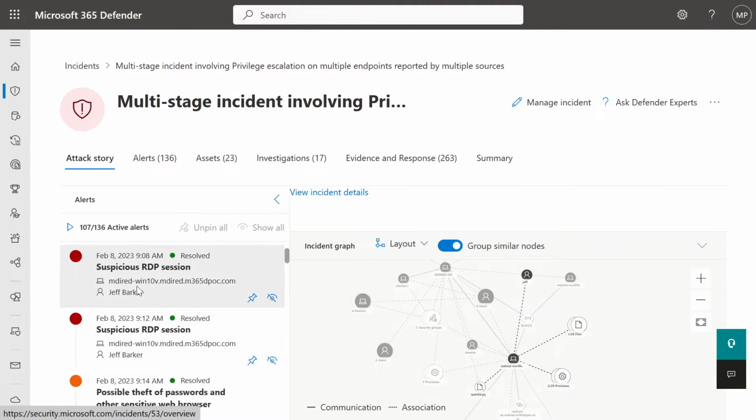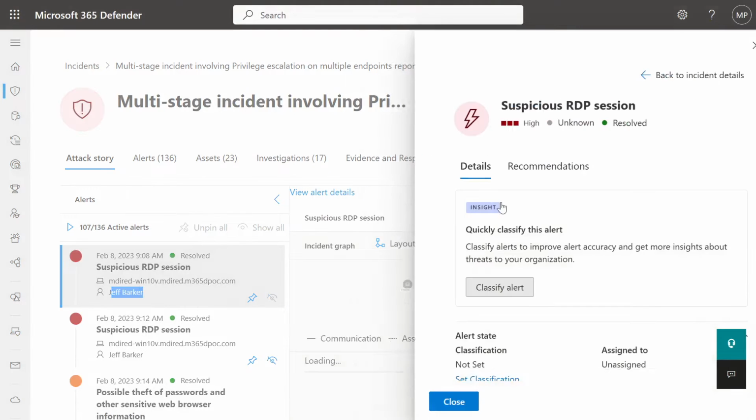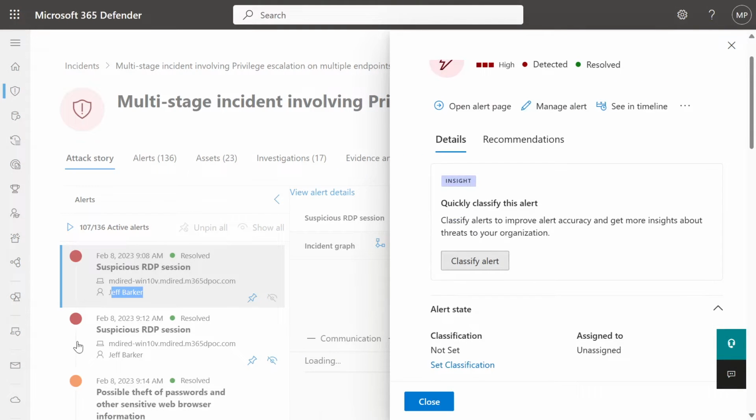And then we see that Jeff is the user involved in this alert. We see many tries to connect into this user with a theft of his password. And all of these are alerts coming from a combination of MDI and MDE together that were correlated into one single incident.